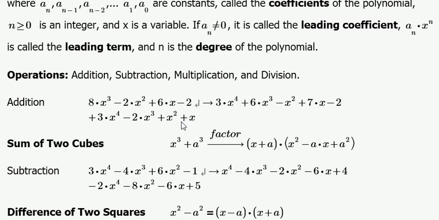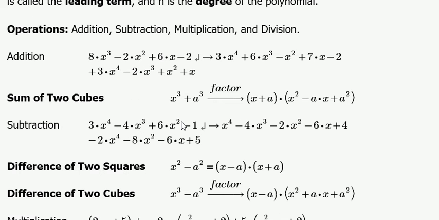If they are the same, you add the coefficients, or subtract if it has a negative sign. Sum of two cubes, x cubed plus a cubed, is equal to x plus a times x squared minus a times x plus a squared.